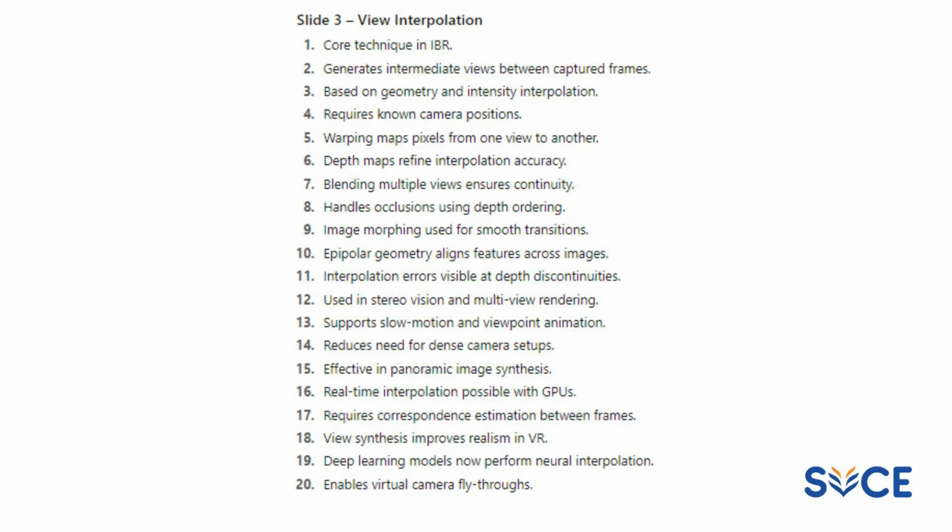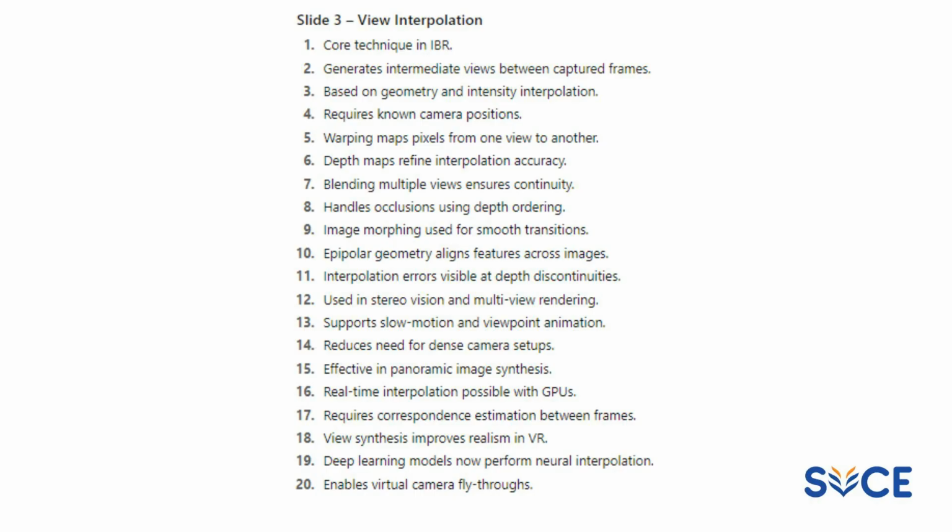View interpolation is widely used in applications such as 3D movie effects, virtual reality navigation, video conferencing, and panoramic image creation, where smooth transitions between viewpoints enhance realism and immersion.